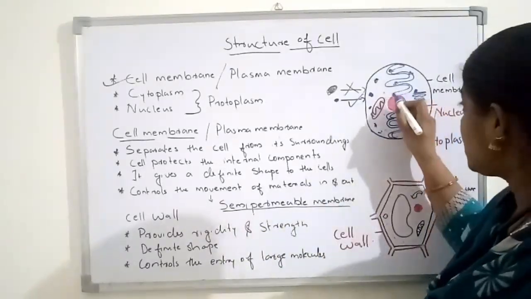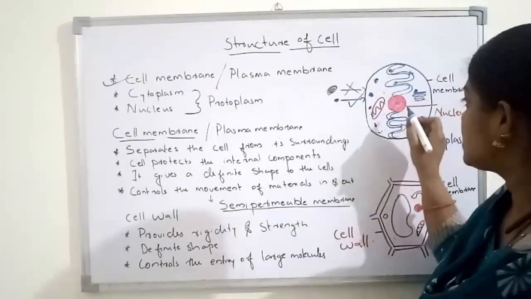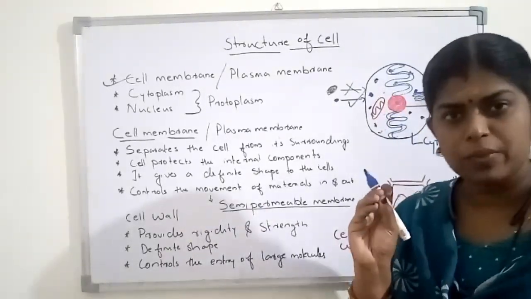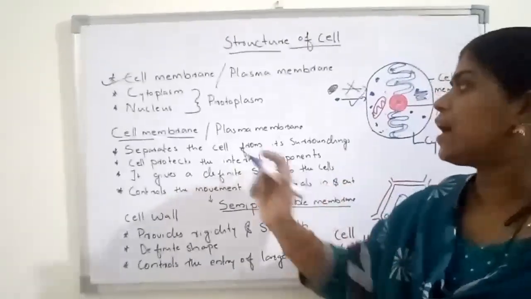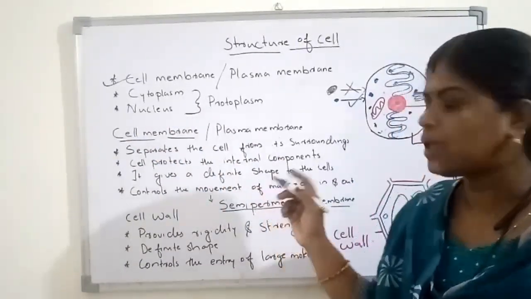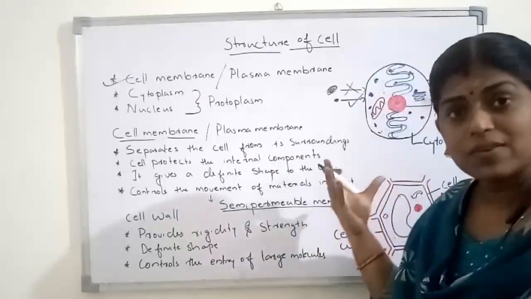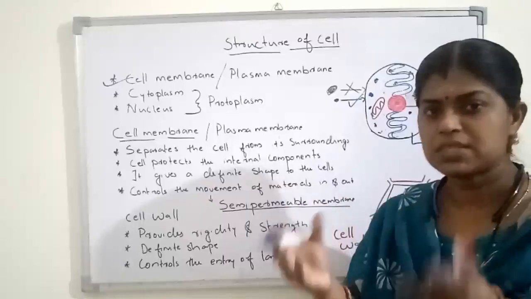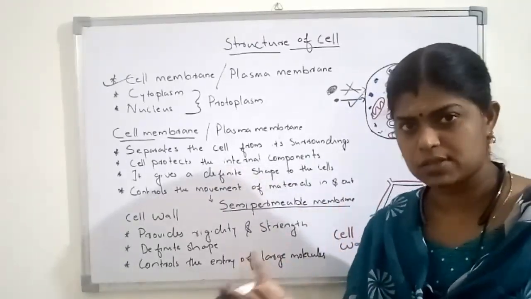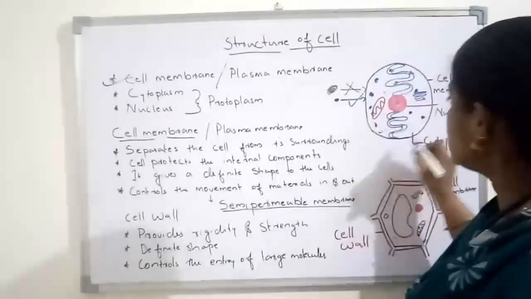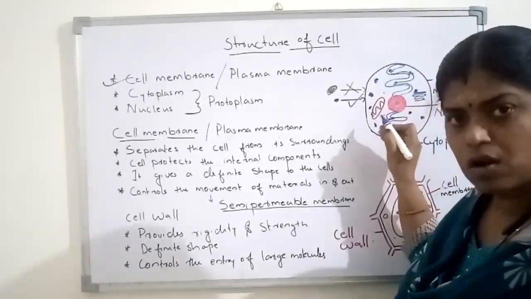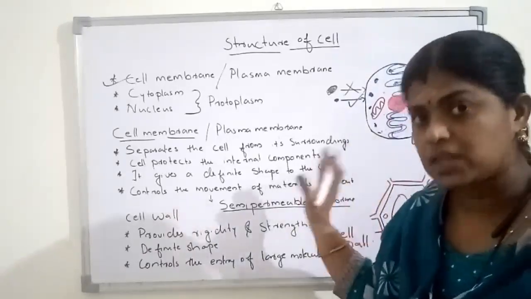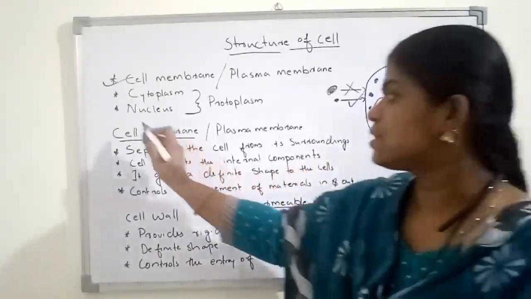At the center of almost all cells there will be a control unit, known as the nucleus. So many activities take place in the cell, and to control all these activities there should be something inside, and that is the nucleus. It is almost spherical in structure, and it controls all the activities of the cell.